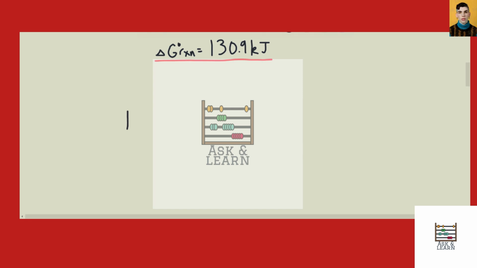So Kp equals e to the power of negative delta G, which is what we just solved for, 130.9. And we need to convert this into joules so that we can eventually cancel out the units of the gas constant R. So we should multiply this by 1,000 to get it in joules per mole.